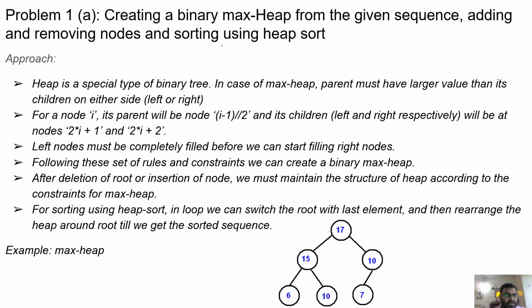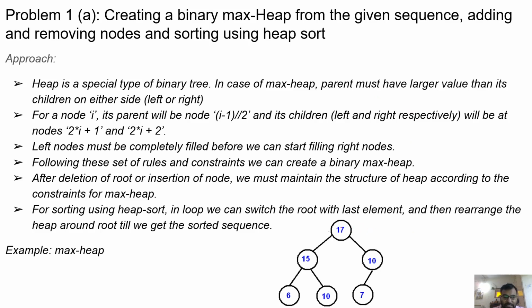As we have already seen in the class, it's a special type of binary tree. If we talk about max heap, here is an example of a max heap. For a max heap, a parent should have a larger value than its children on either side. In this example, the root node is 17.